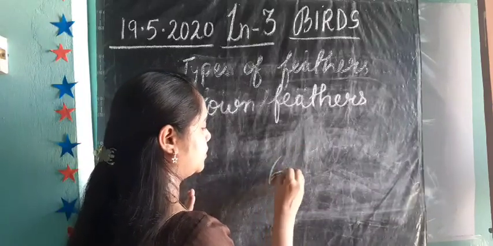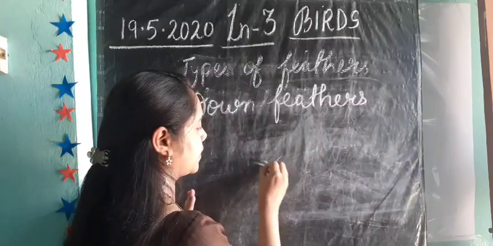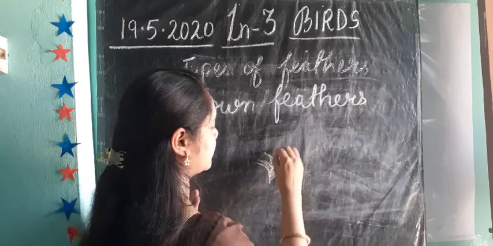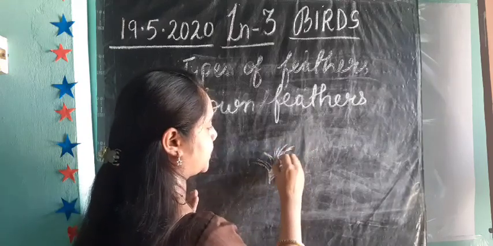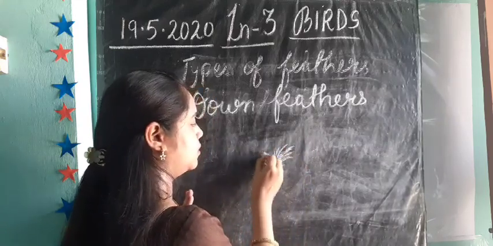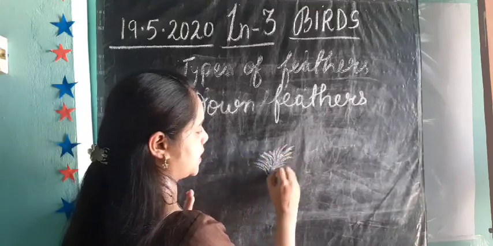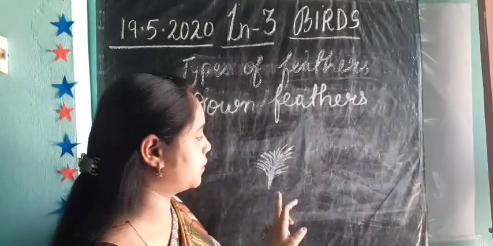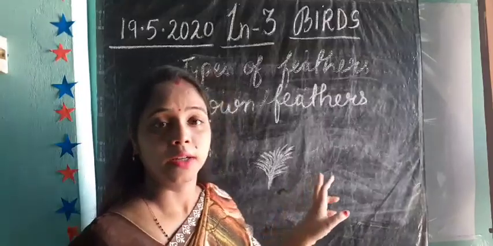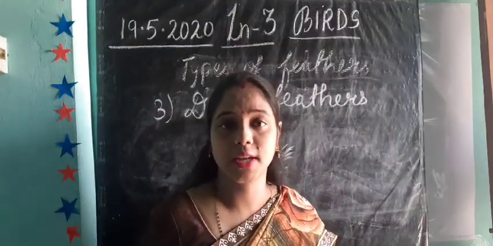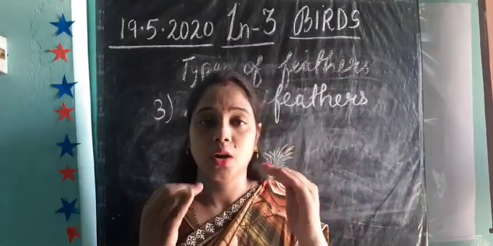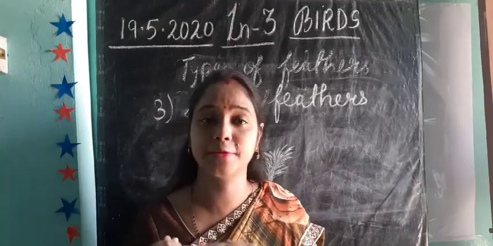Simple one line. This is very small in size and mainly found under the flight feathers.